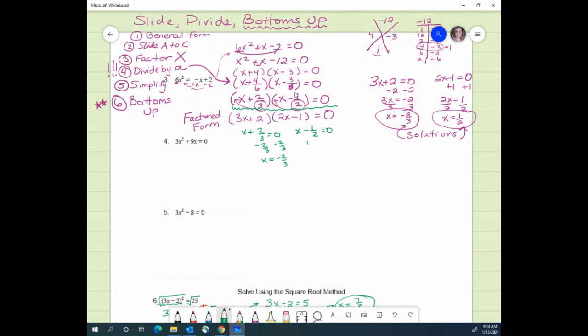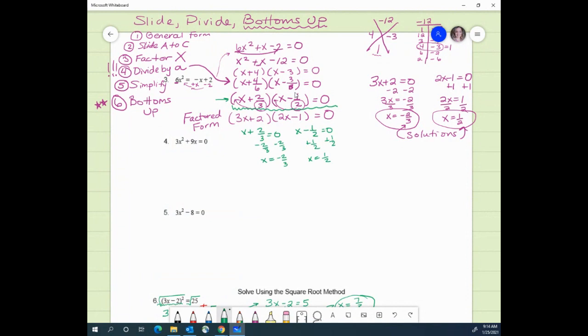I could get that negative 2/3, and I could add 1/2 here and get positive 1/2. I could get the solutions. However, this step is not factored form. So if you are asked for factored form, you have to do the bottoms up step.